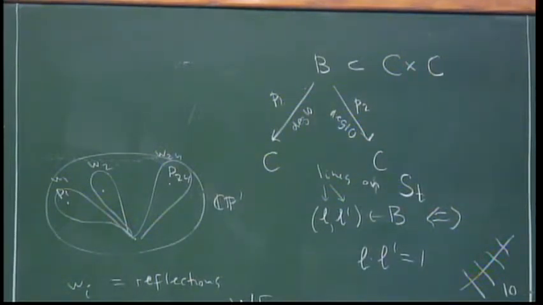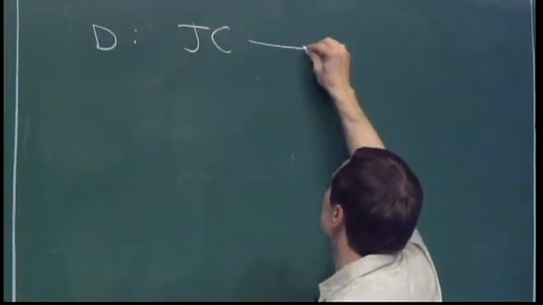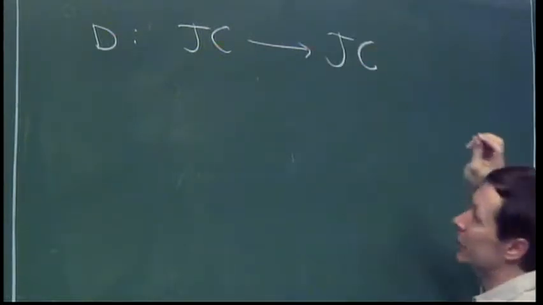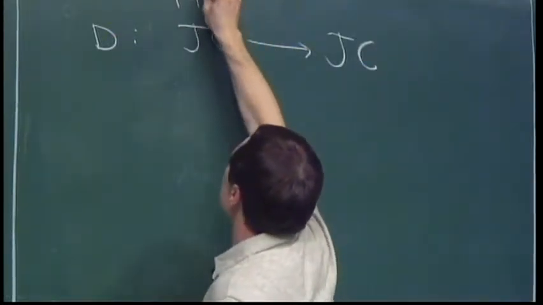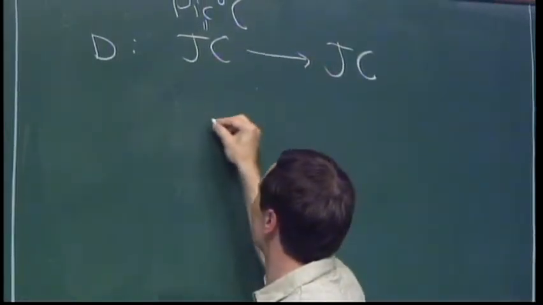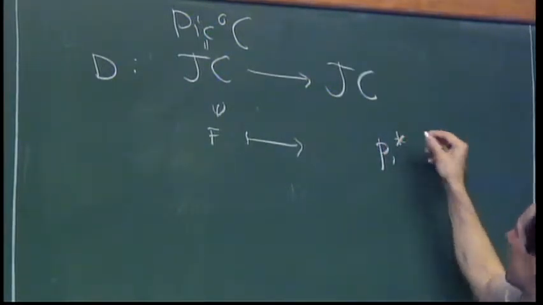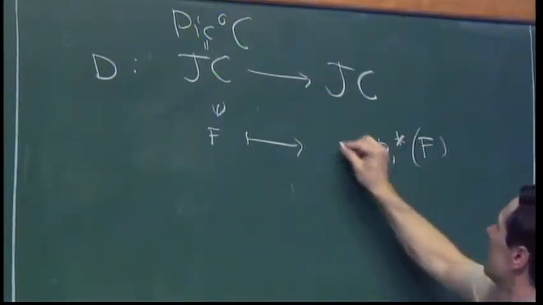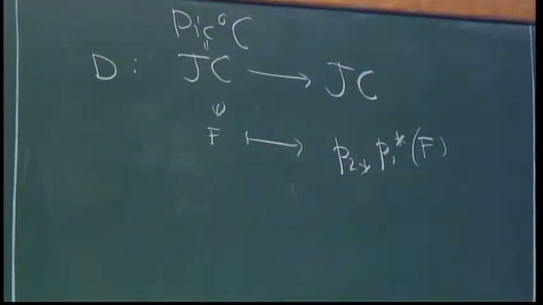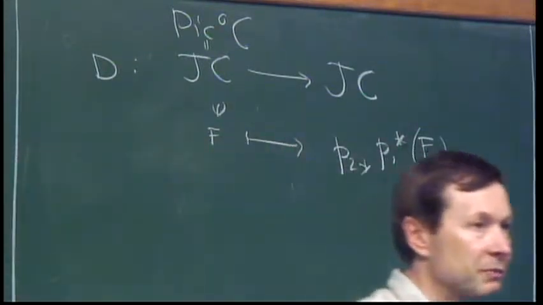And when you have a correspondence, that gives you an endomorphism from the Jacobian of this curve to itself. So this is Pic 0. It works as follows. You start with some invertible sheaf here, and you pull back, and then you push forward. But you push forward using the norm map. So you push forward as divisors.